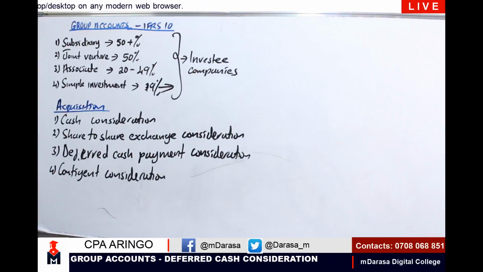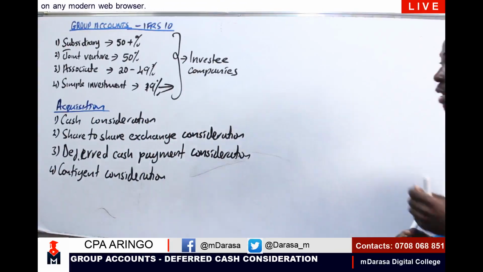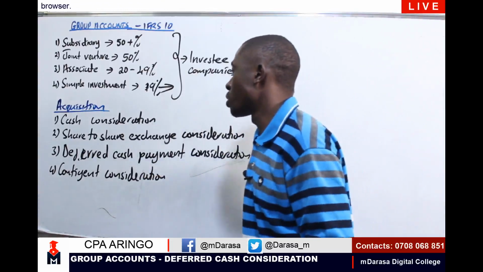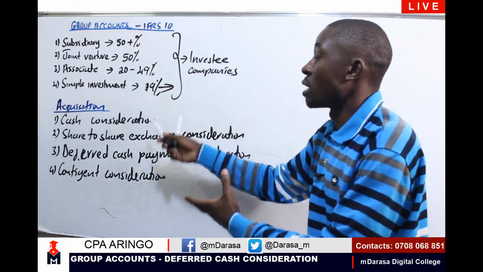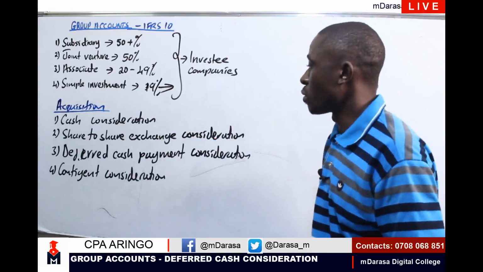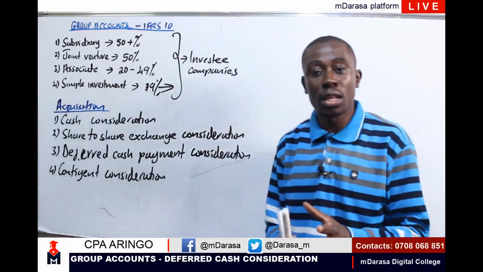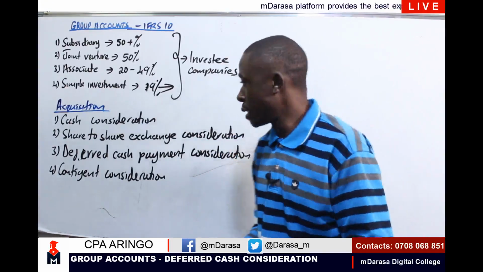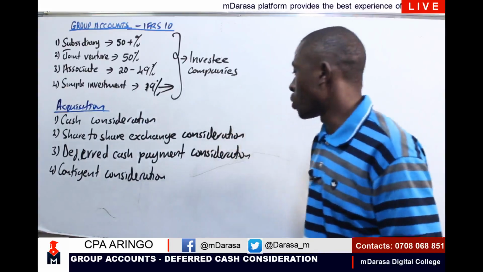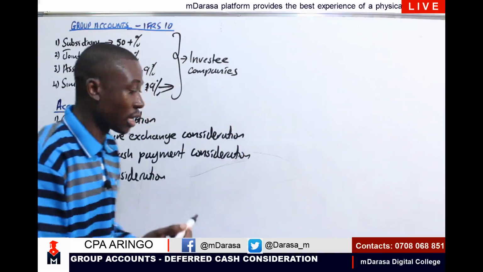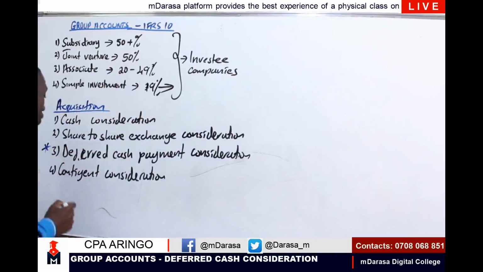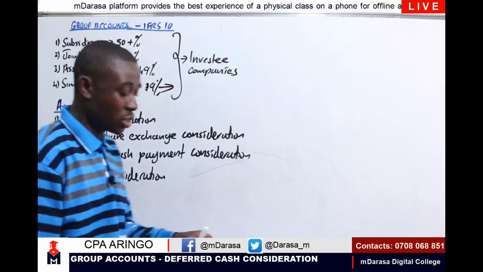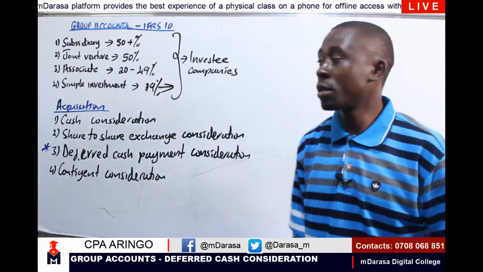Cash consideration is a normal consideration we talk about in most cases. Share-to-share exchange is another unique area of acquisition, which we'll also look at. Our focus in today's class will be deferred cash payment consideration, as well as contingent consideration, which we'll look at later on.